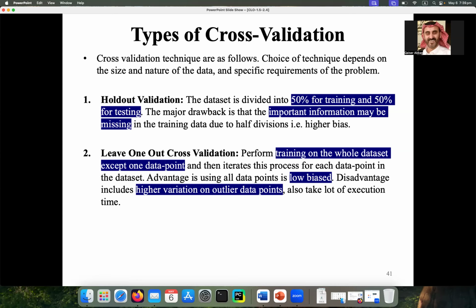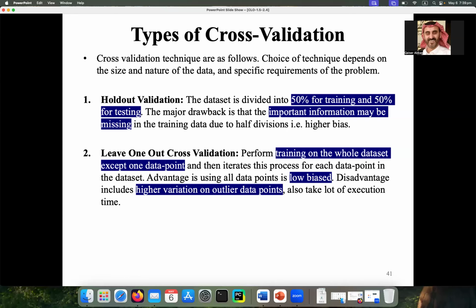This is called holdout validation. But the major drawback is that you are dividing into 2 halves, and when you train the model, it is possible that some important information is missing from the training data because it is part of the test data. That is the major drawback which is written here.